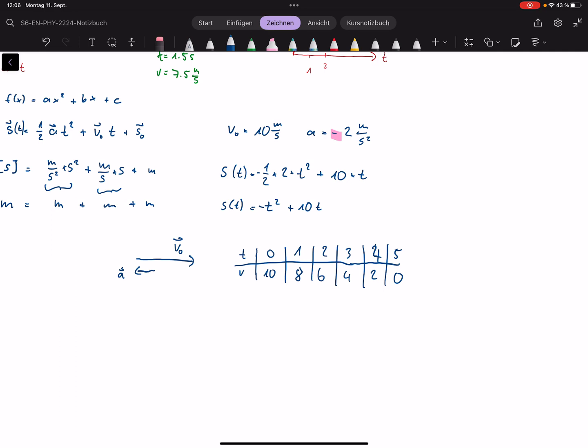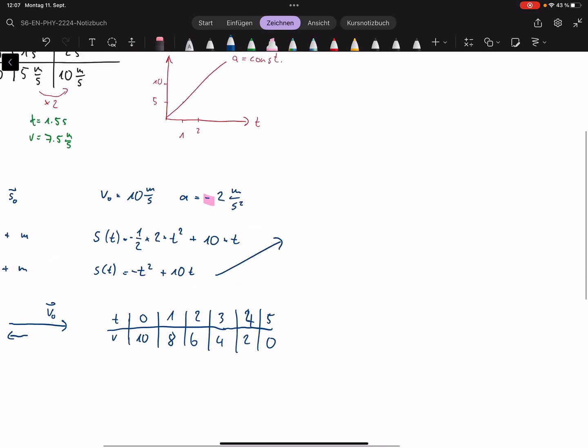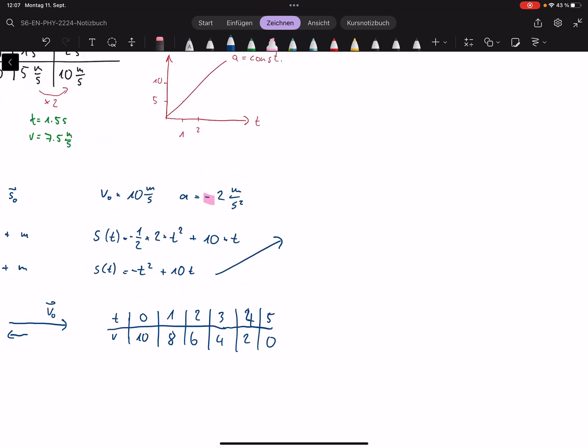And now we want to reconstruct the graph of this, and in order to do that we find out the zeros before. So when is the distance 0? So that's when we need to solve a quadratic equation.